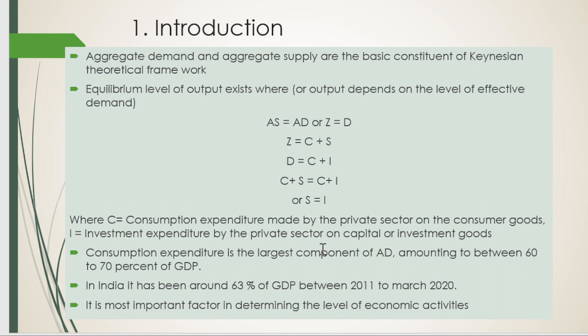It is the most important factor in determining the level of economic activities. If consumption expenditure increases, the level of economic activities goes higher, and if consumption expenditure decreases, the level of economic activities in the economy goes in the downward direction.